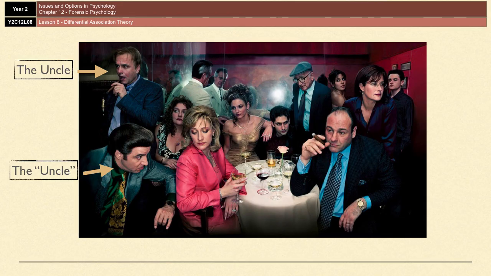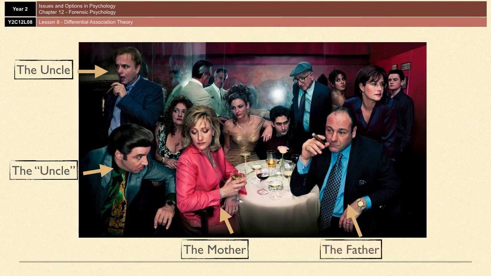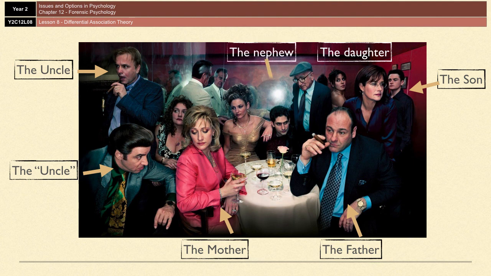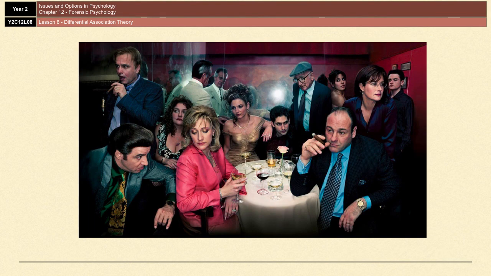So not really blood uncle, but still uncle. Then you've got the mother. You've got the head of the family, the father. You've got the son right here. You've got the daughter. You've got the nephew. On the right, next to the nephew, the old man, is the granddad. And then you've got the other uncle as well.